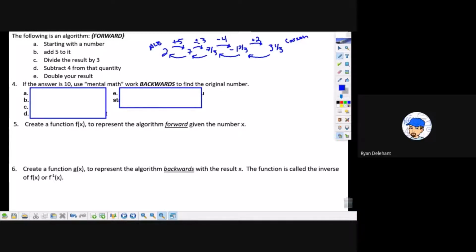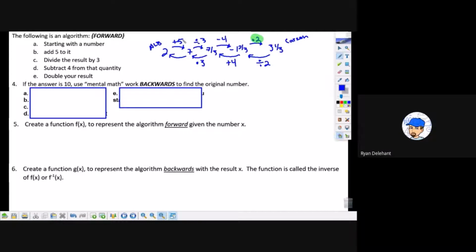What am I going to undo first? I'm going to undo this times 2. What's the opposite of multiplying by 2? Dividing by 2. Then I have to undo this minus 4, so I'll need to add 4. I'll need to undo this divide by 3, which means I'll need to multiply by 3.